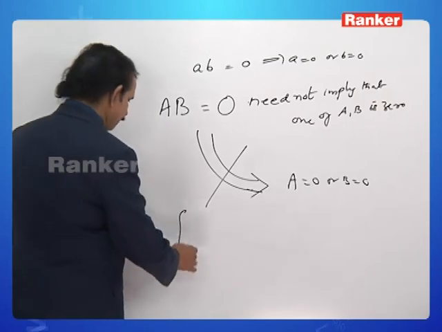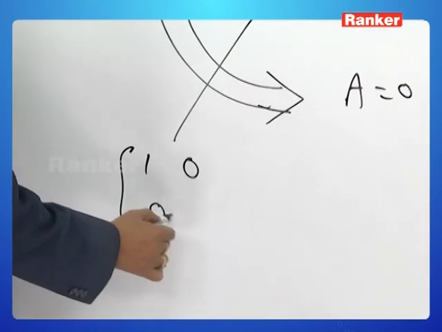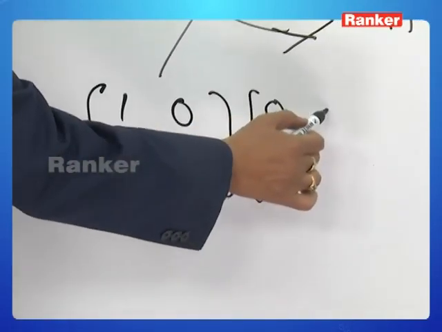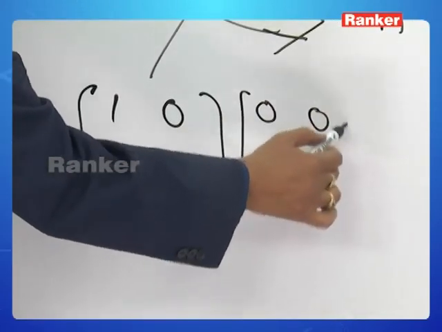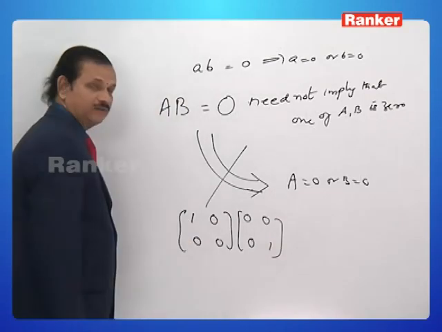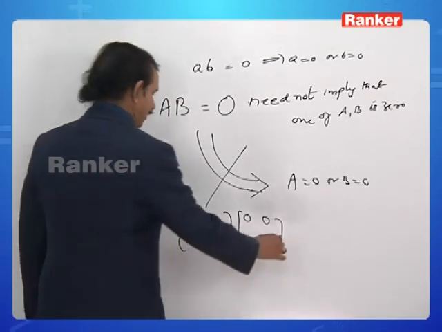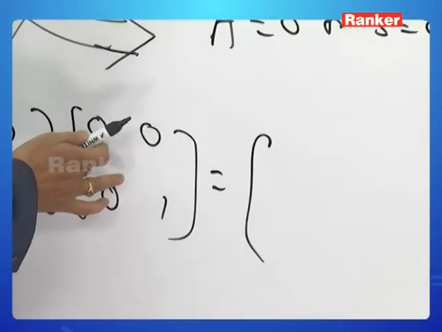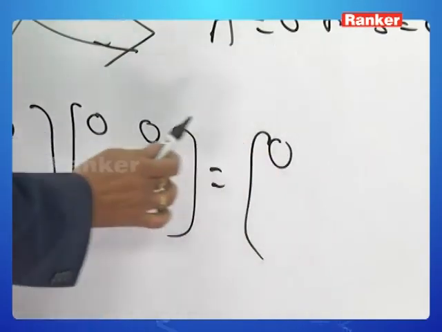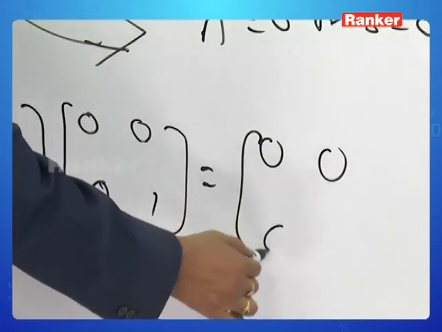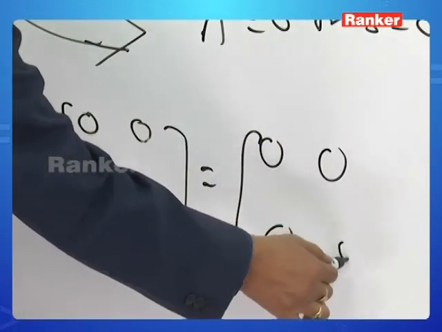Observe this: 1, 0, 0, 0 and 0, 0, 0, 1. It is not a 0 matrix, and that is also not a 0 matrix. Observe the product: 0 plus 0, 0; 0 plus 0, 0; 0 plus 0, 0; 0 plus 0, 0.